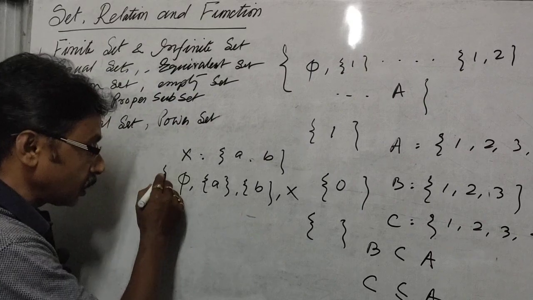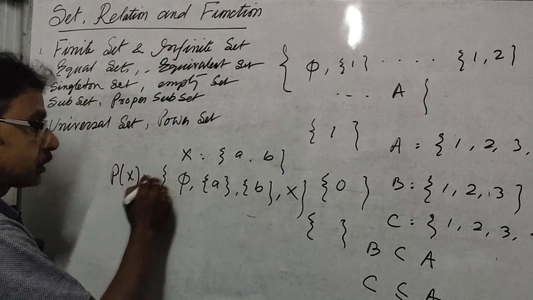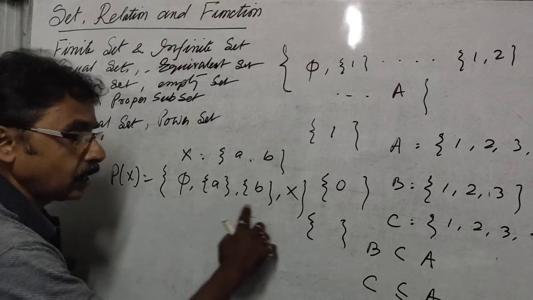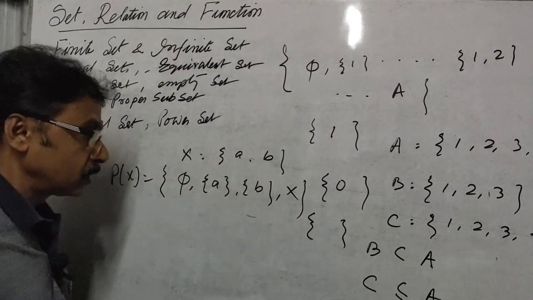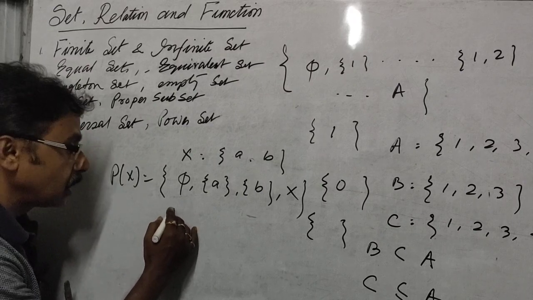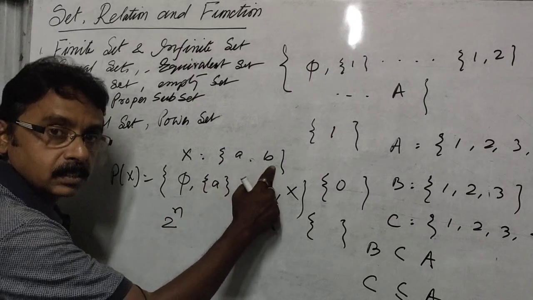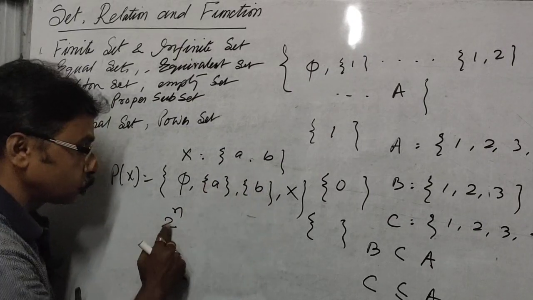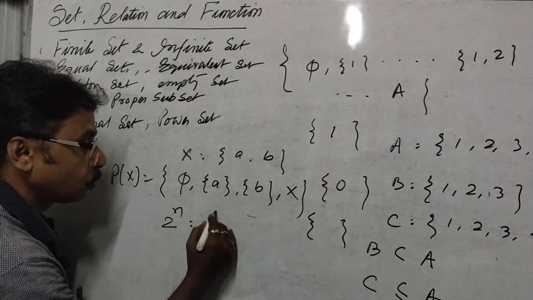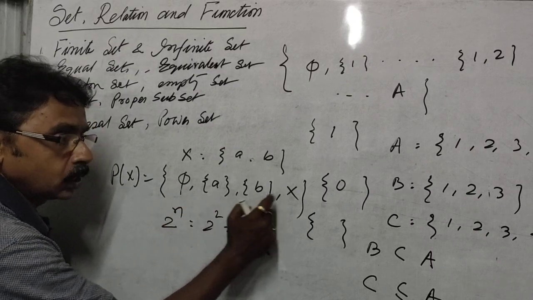So this collection is the power set of X. So how many elements are there? There are 4 elements. Actually, there is a rule to find the number of elements in the power set. It is 2 to the power n, where n is the number of elements in the set. So here there are 2 elements, so 2 to the power 2, that means there are 4 elements. Yes, 1, 2, 3, 4.